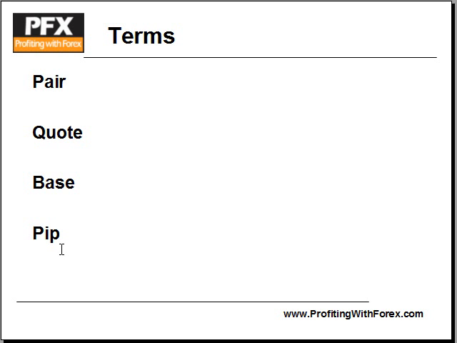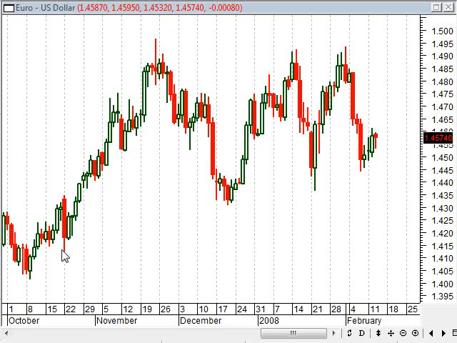So let's take this to an actual chart, and let's see how this plays out. Right now, we're looking at a chart of the euro-US dollar exchange rate. So you can see that up here at the top, euro-US dollar. And it would be annotated like this, with the dollar on the right-hand side and the euro on the left-hand side. The euro is the base currency, and the dollar is the quote.